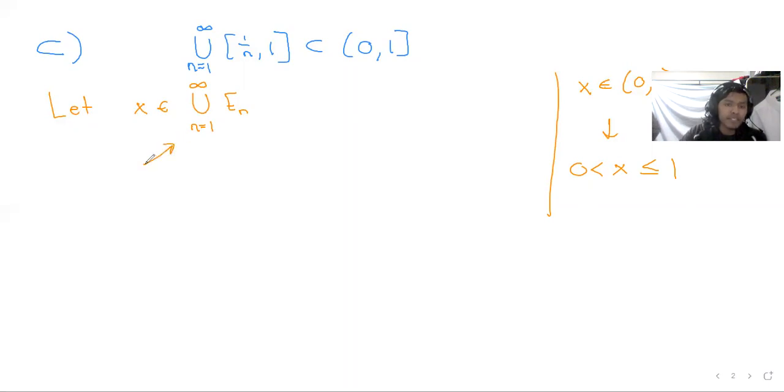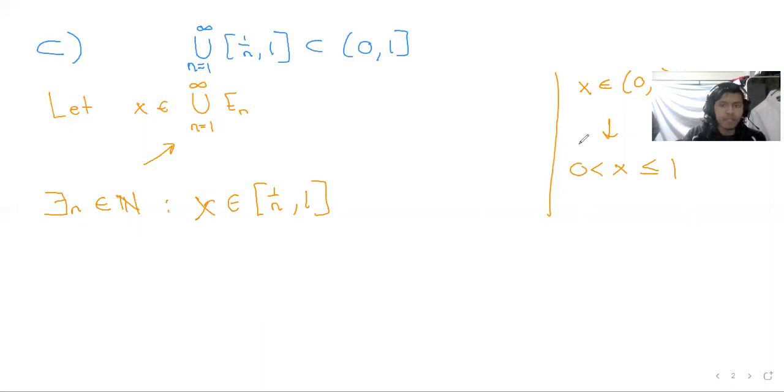So if x exists in the union, then there's an n in natural numbers such that x would exist in one of these intervals of 1 over n to 1. So one of these will allow x to exist there.